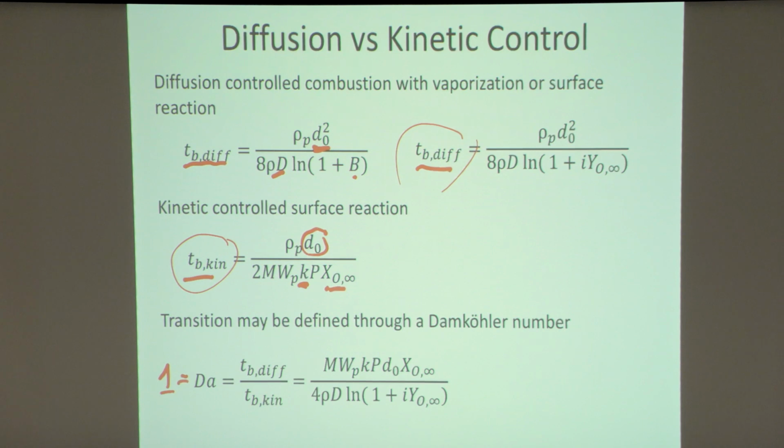So if the particle diameter is very large, then the diffusion time is large and the kinetic time is small, so it's going to obviously be diffusion controlled. If the pressure is very large, the same result. So at low pressures, it'll be kinetically controlled. At high pressures, it'll be diffusion controlled.